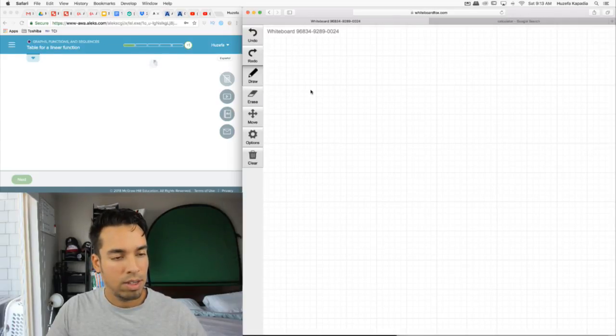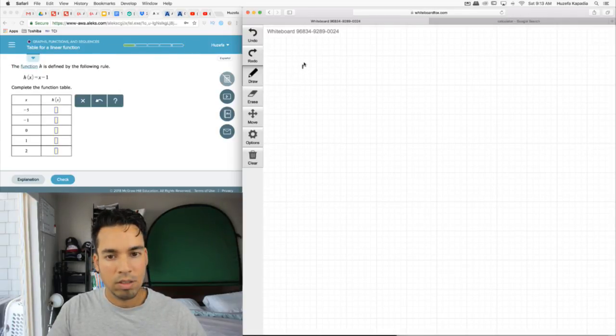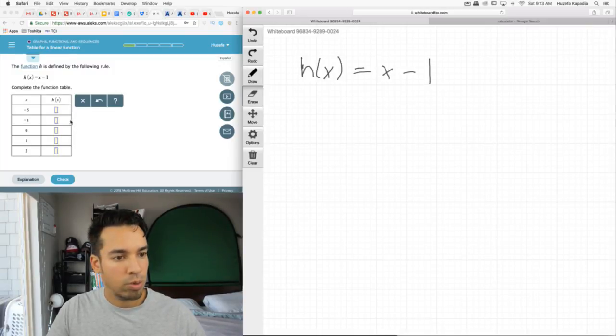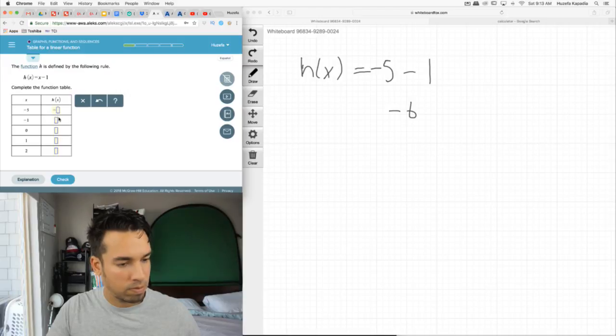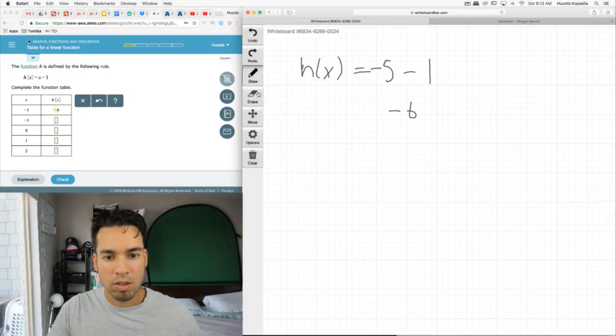Okay, next, h of x equals x minus 1. So this is going to be pretty simple. We're going to replace all these values with whatever values are here. So we got first negative 5 minus 1 is negative 6. Now we got negative 1 minus 1 is negative 2.